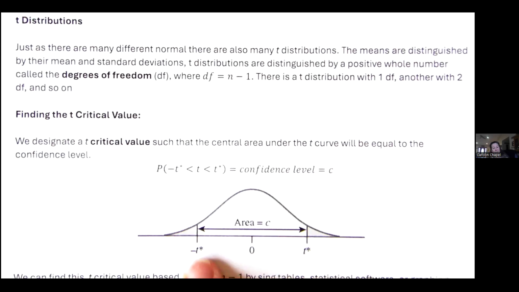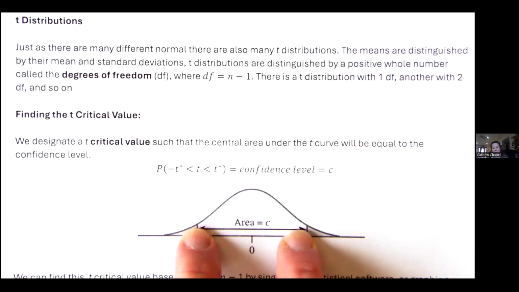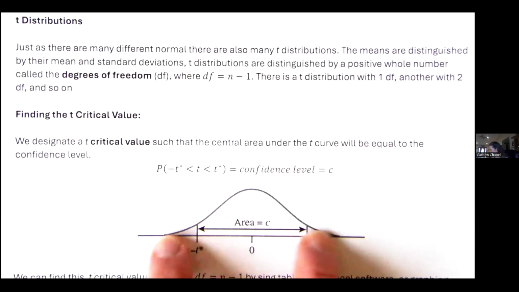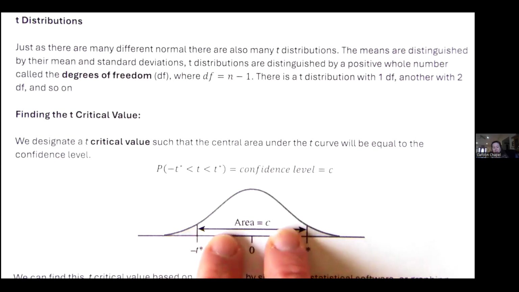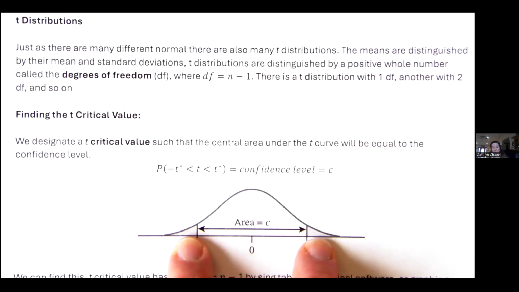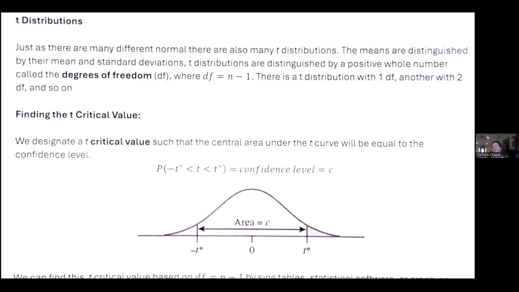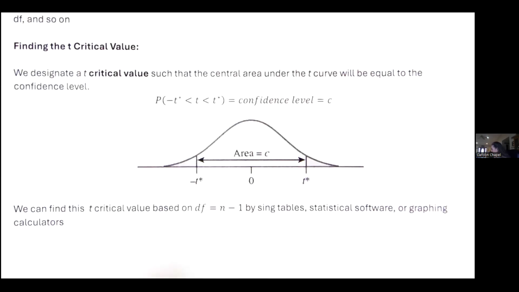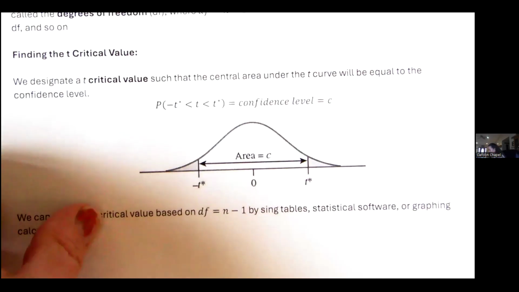We're going to find a t centered around 0 so that the area is in the middle. The t curve does look very similar to a normal curve. It does have an area under it equal to 1, but it is a little bit different. We're going to be finding these t criticals using software.